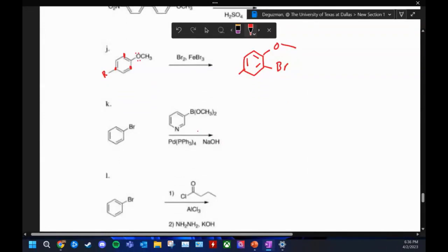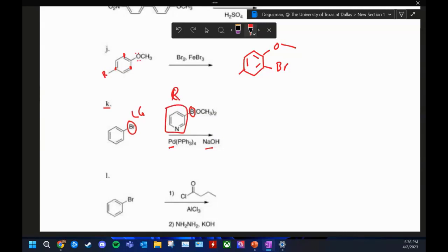Okay. And then here, this is kind of like one of the last reactions I was talking about for part K. We have a boron here, right? That is going to be our Suzuki reaction. Remember Suzuki, we have that boron in there, where when we have that Pd, we're just simply adding the R group. We're replacing the leaving group with the R group. So here's our leaving group, and we have our R group.